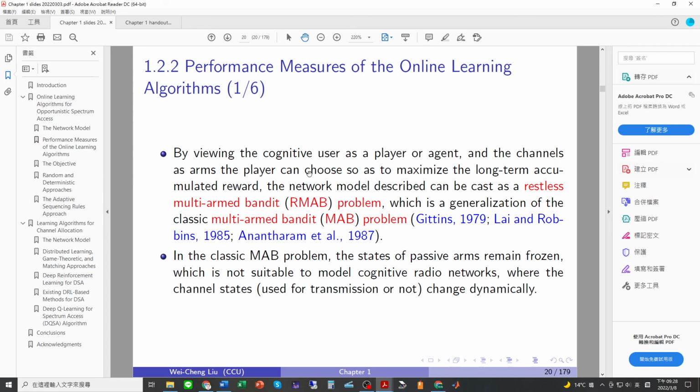The player can choose so as to maximize the long-term accumulated reward. The network model described can be cast as a restless multi-armed bandit, abbreviated as RMAB problem, which is a generalization of the classic multi-armed bandit MAB problem. Let us see what is the multi-armed bandit MAB problem first.